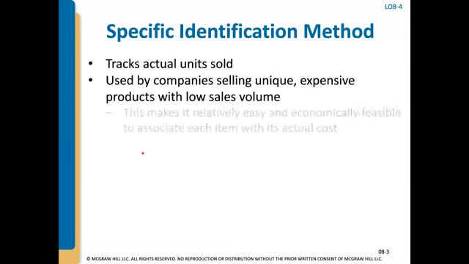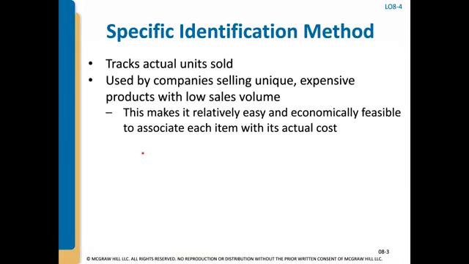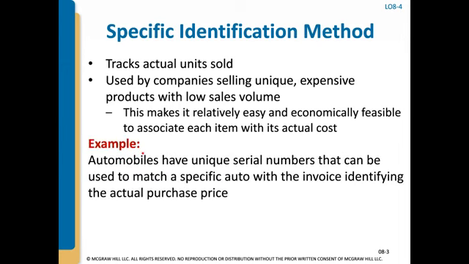The first method is the specific identification method. It tracks each unit that the company sells. It knows specifically what the company purchased it for, and then they can allocate that cost to that specific item. Not many companies use this method.